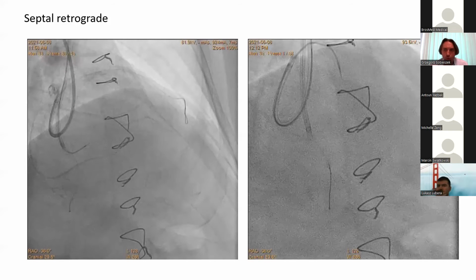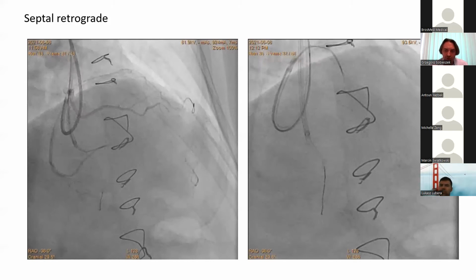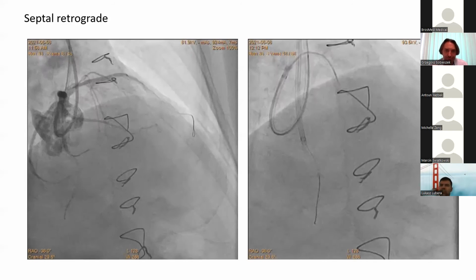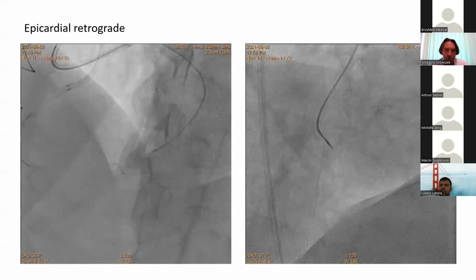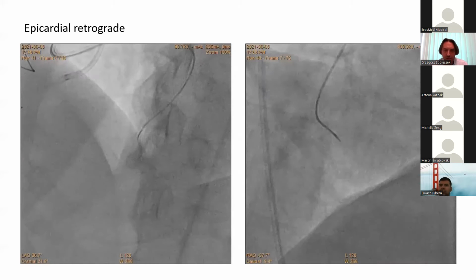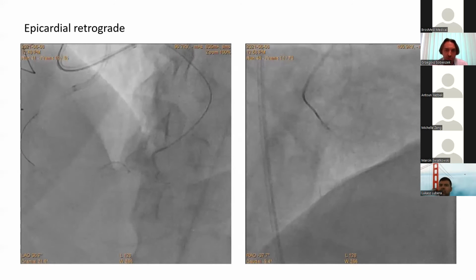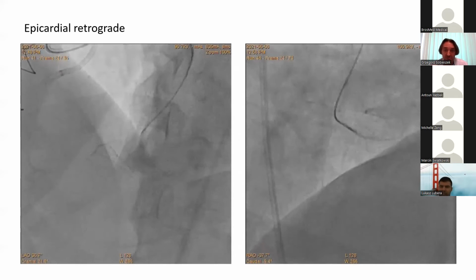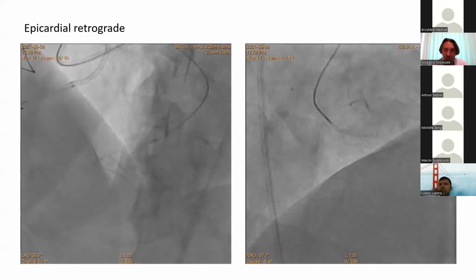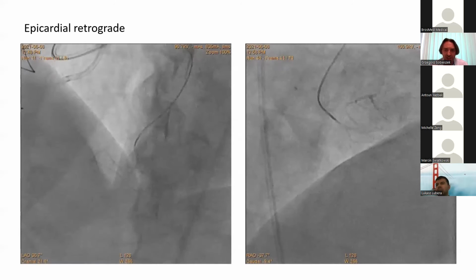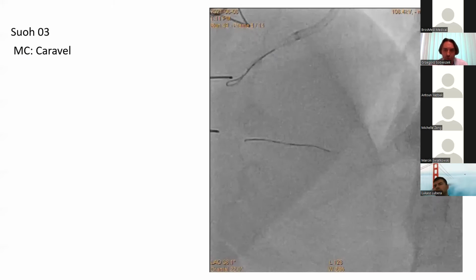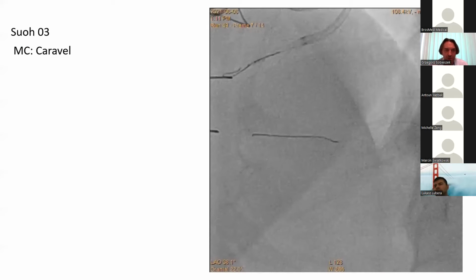So we changed strategy to epicardial. This is a tip injection from the epicardial from the circumflex. The epicardial seemed not to be too promising, but it was possible to pass with a SUOH wire and Caravel microcatheter.